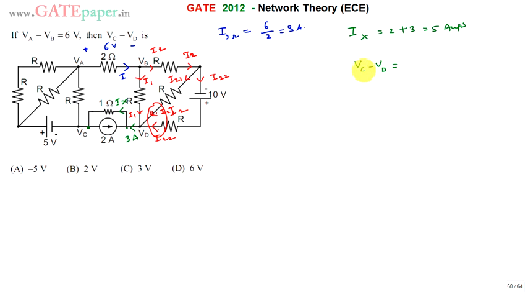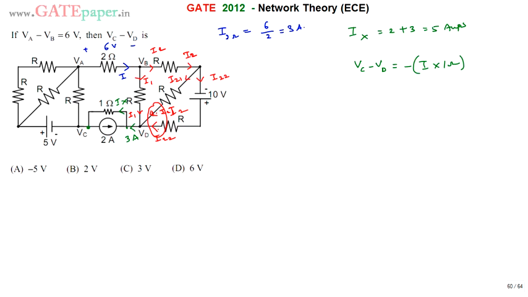So we assume the current is flowing from C to D node, but the actual current is flowing from D to C, because the Ix current direction shows that the current is moving from D to C. But Vc minus Vd means the current we assume is moving from C to D, so we will write it as I into 1 ohm with a minus sign.